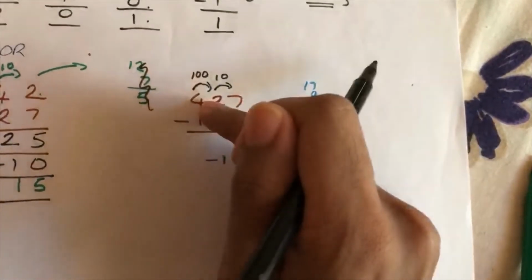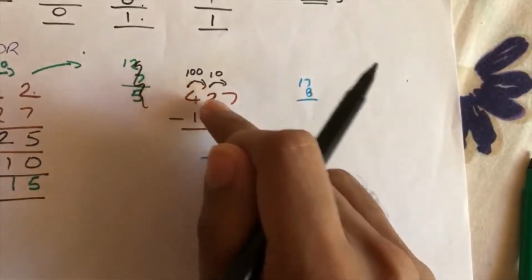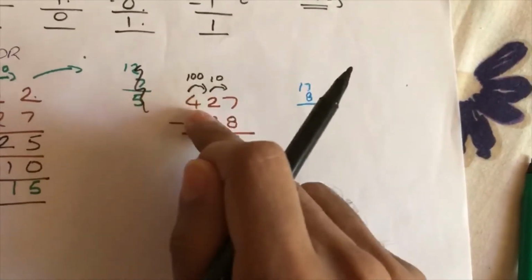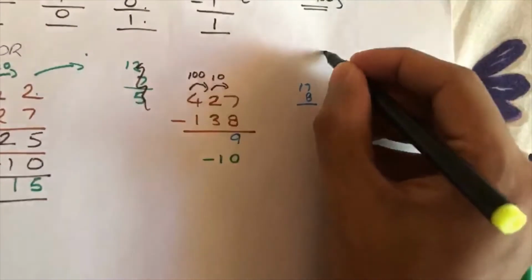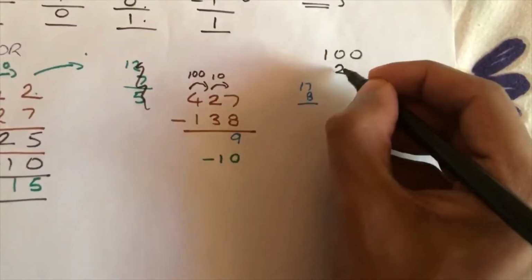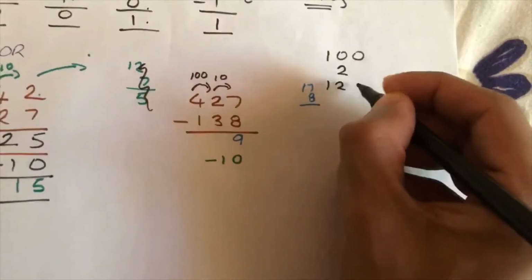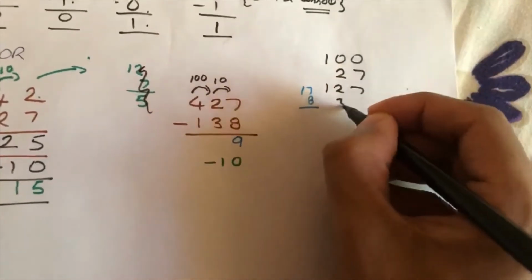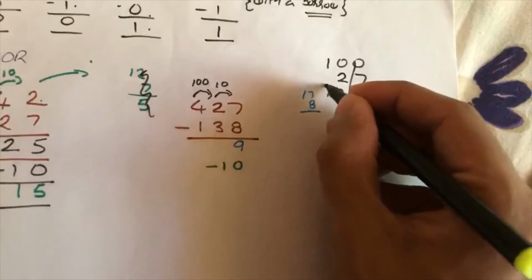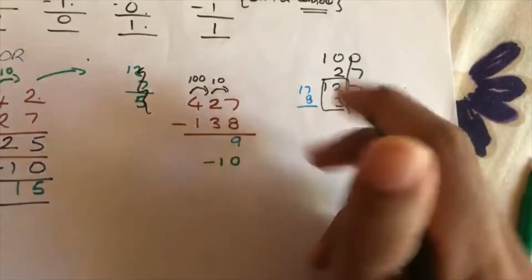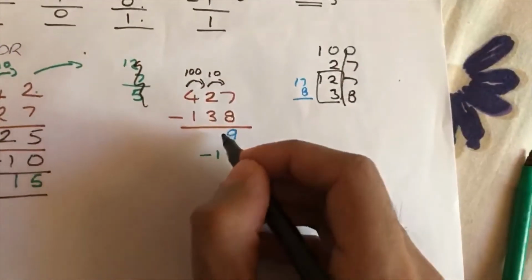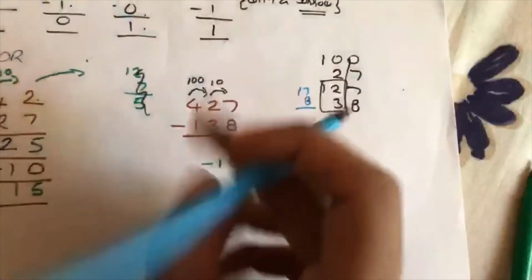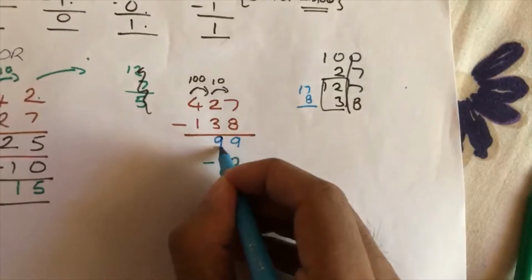And 2 is already in the tens place, so it becomes 12. You are subtracting 12 minus 3, which is 9. So you write a 9 here again.